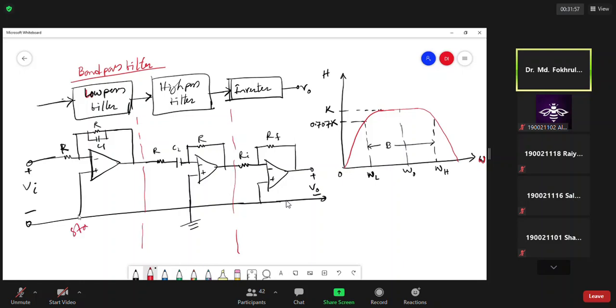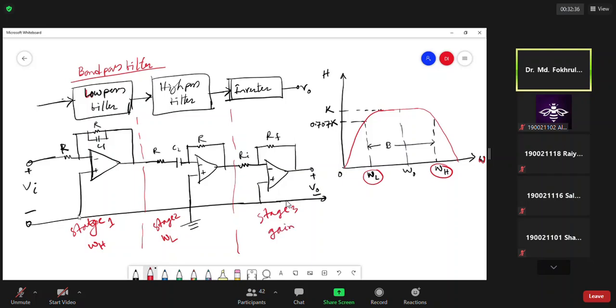Stage one is the low pass filter, and from this low pass filter we will have the value of omega H. Then stage 2 is the high pass filter, and from the high pass filter section we will get the corner frequency omega L. And then stage 3 is the inverter section, from which we will get the gain.